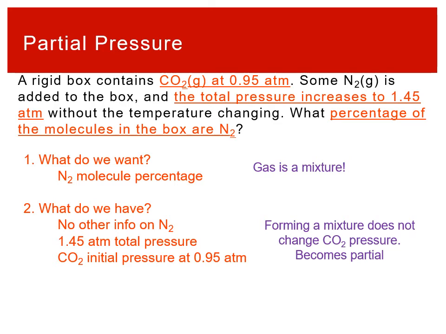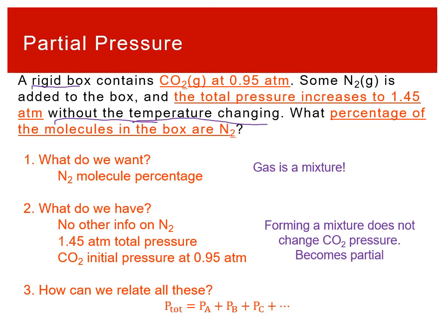Important to note, the conditions that the CO2 is under haven't changed. It's a rigid box, so the volume hasn't changed. And we're explicitly told, without the temperature changing, which implies that the conditions the CO2 is under haven't changed, which means that the pressure won't change. So whatever that pressure of the CO2 by itself was is just going to become the partial pressure of the CO2 in the mixture. So that 0.95 is a partial pressure. We can relate all this using Dalton's law, adding all those pressures together for our total pressure.